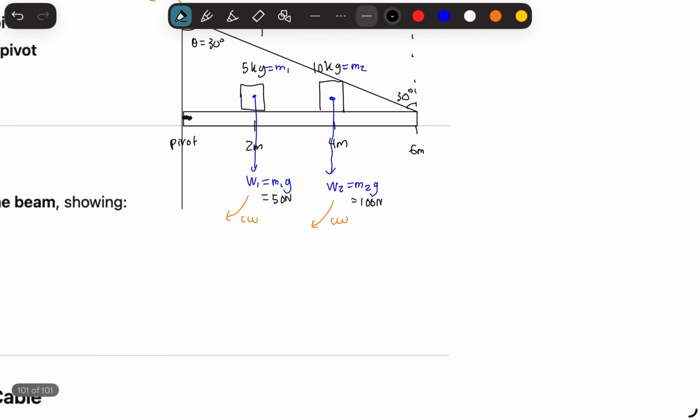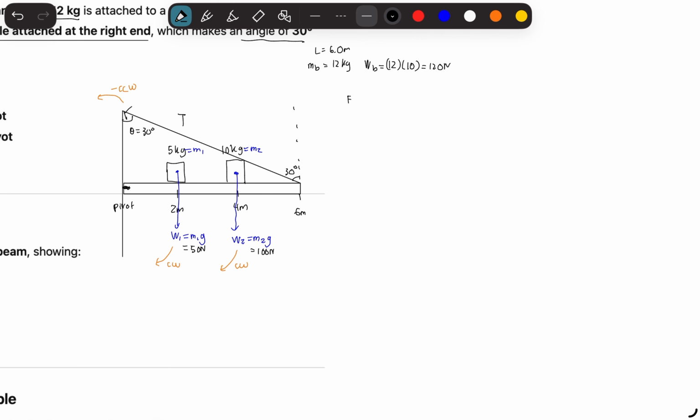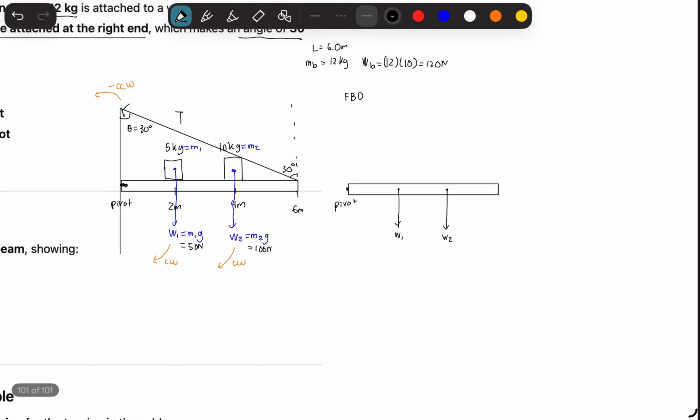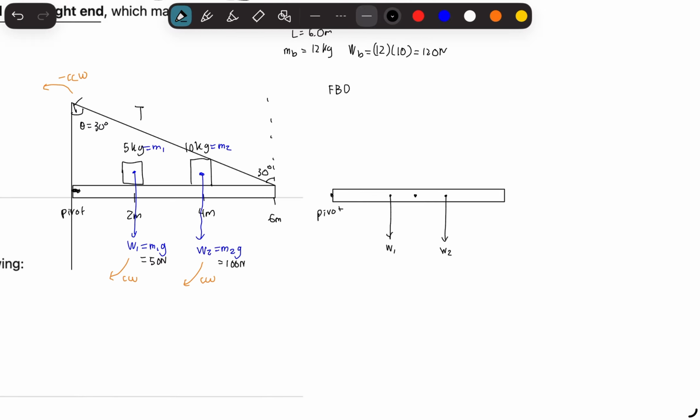So for our FBD on the beam, we'd have weight 1 here. We would have a weight 2 here. And then you would also have the weight of your beam here at the center of mass.